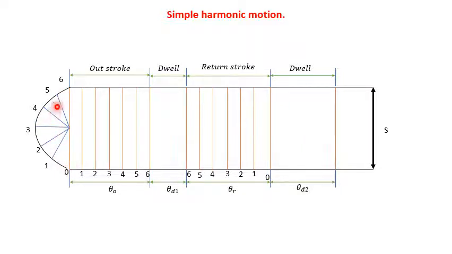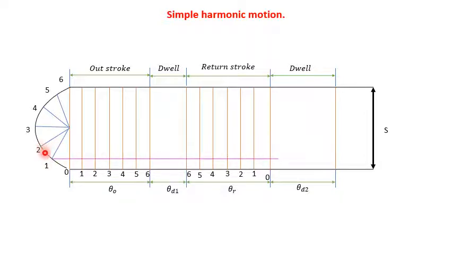Once this marking is over, from number 1 on the semicircle, draw a line like this throughout the strokes, that is outstroke and return stroke. Like this, draw a line.